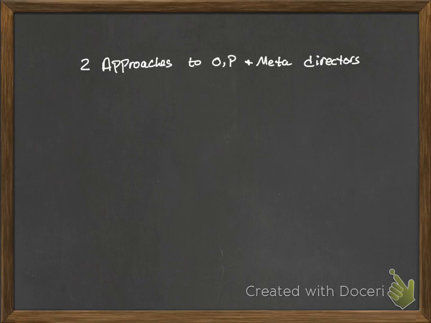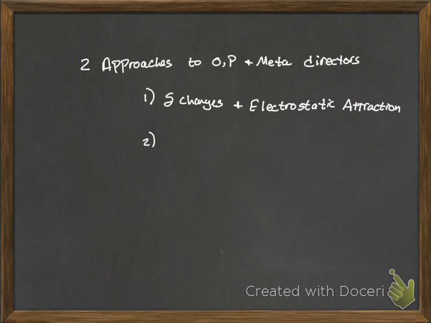Now the two approaches for ortho and para direction and meta direction deal with partial charges and electrostatic attraction between the ring and the electrophile.